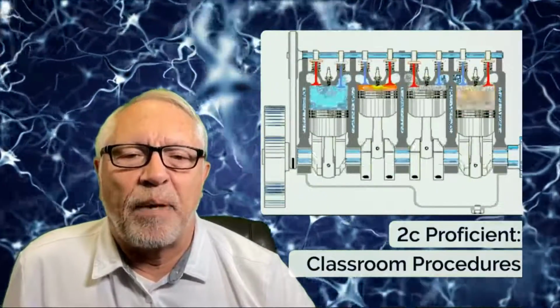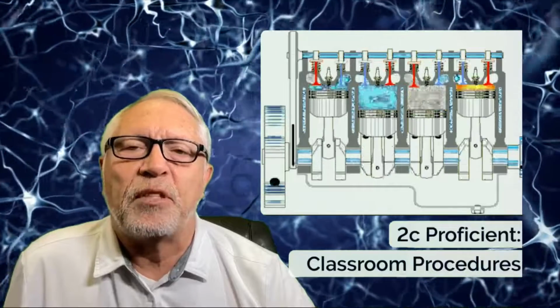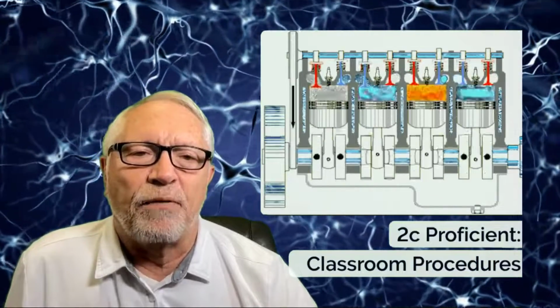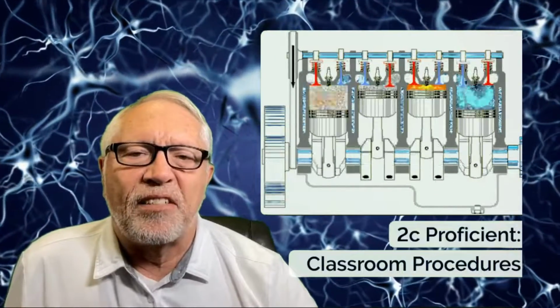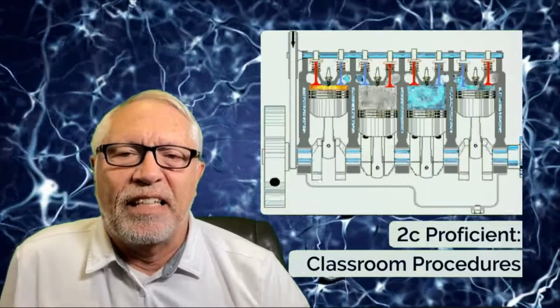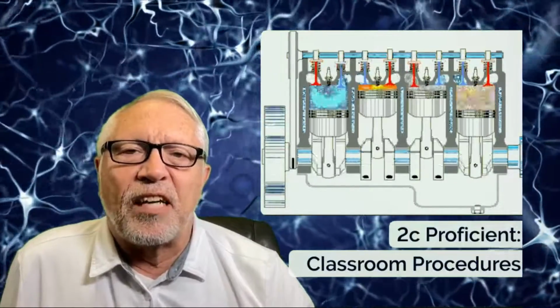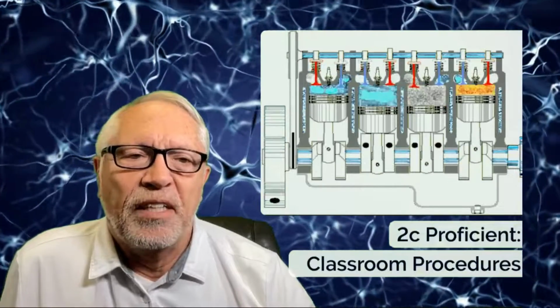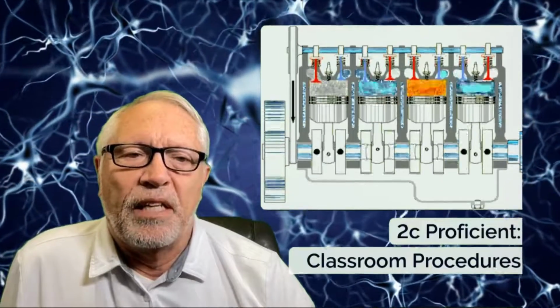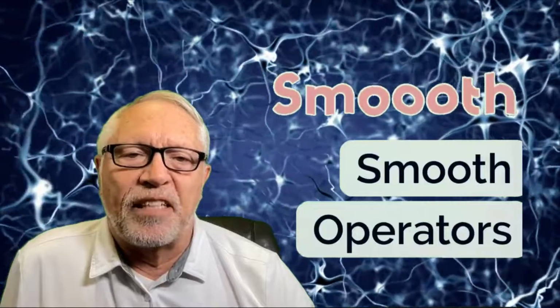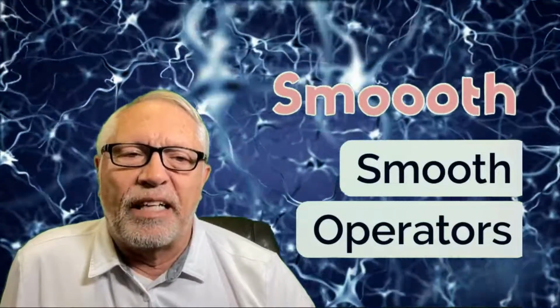Today we're talking about classroom procedures, element 2C on the proficient level. Yes, at this level, the classroom runs smoothly. The teacher is heavily involved in making sure that things run smoothly. It's just a nice running engine.